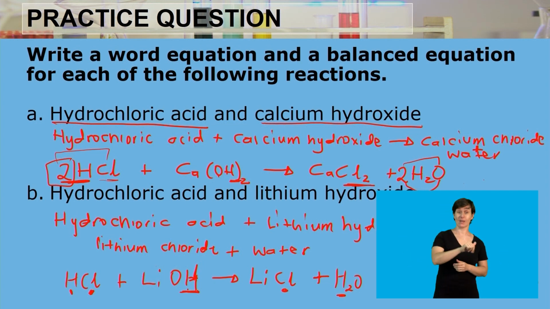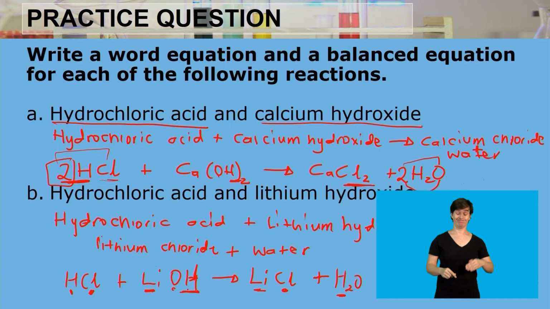Chlorine is balanced. Now, lithium, 1 lithium atom on the left-hand side, also 1 lithium atom on the right-hand side. Lithium is balanced. Oxygen, 1 oxygen atom on the left-hand side and also 1 oxygen atom on the right-hand side. So therefore, everything in this equation balances. So therefore, this equation is regarded as balanced.